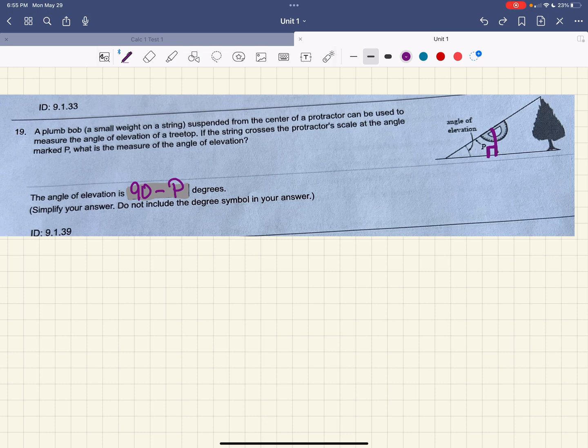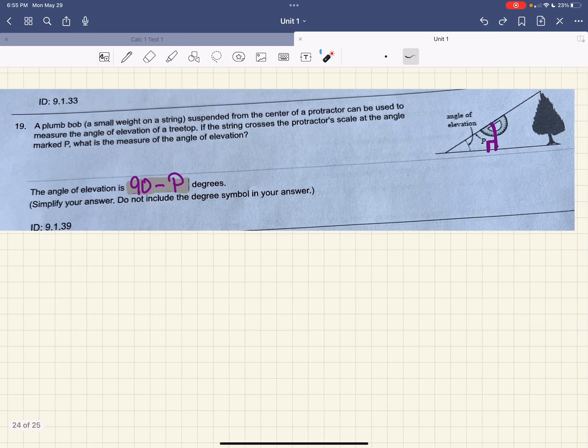And I know that that looks a little different, but the trick is understanding that this right here makes a 90-degree angle because of that weight that's being pulled to the ground. That's always going to be a 90-degree angle with the ground. And so these two angles right here are going to be 90 degrees together. So it would be 90 minus whatever this angle is right here. Okay? And that is it.